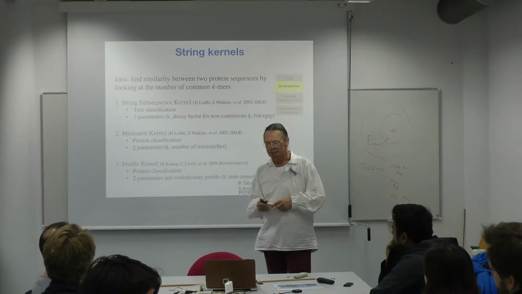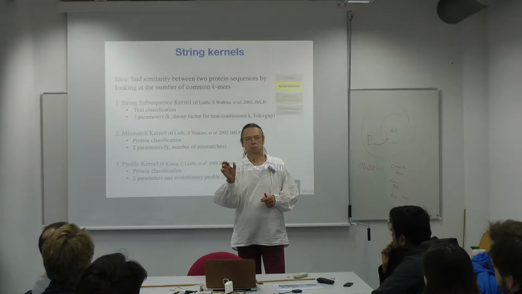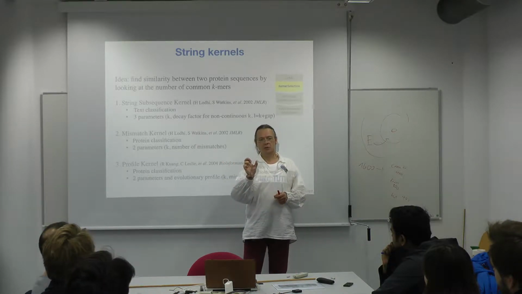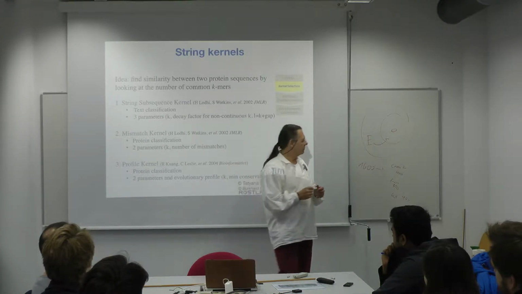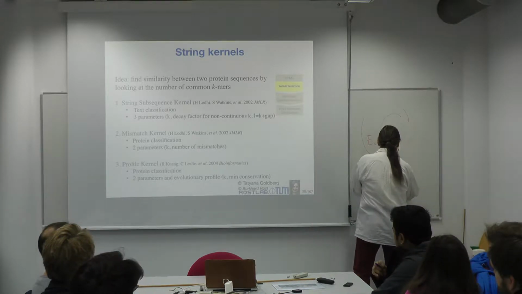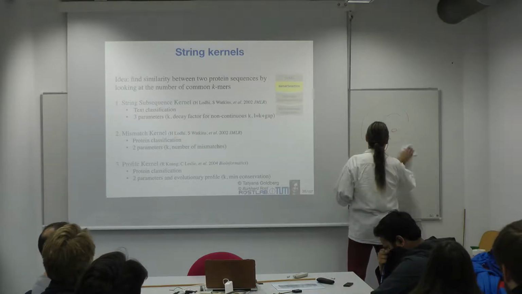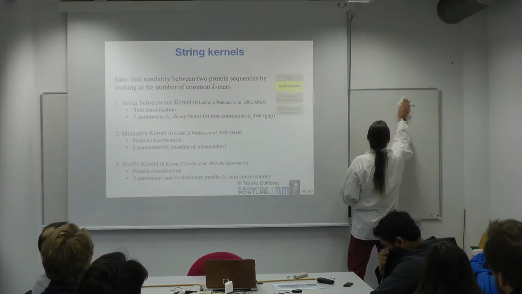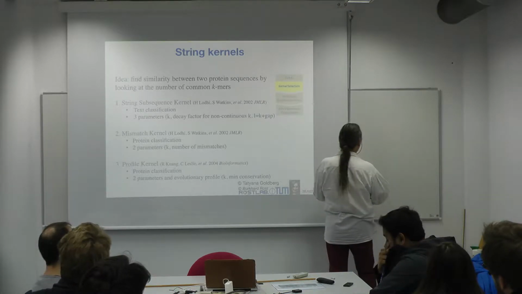And the idea now is, okay, when I look at a k-mer of residues, let's not look at just any k-mer. When I look at a protein alignment, so I take my protein, okay, in this particular case I should put an alignment in here to make this point clear.